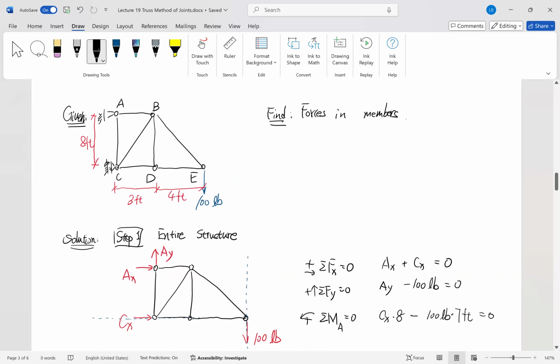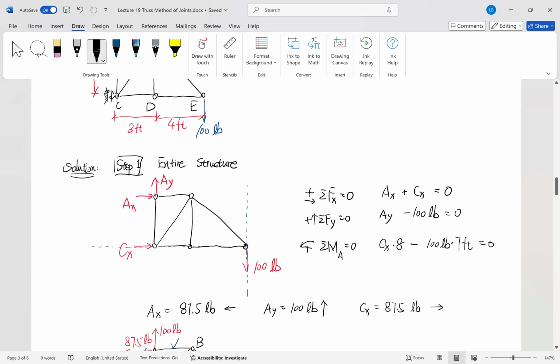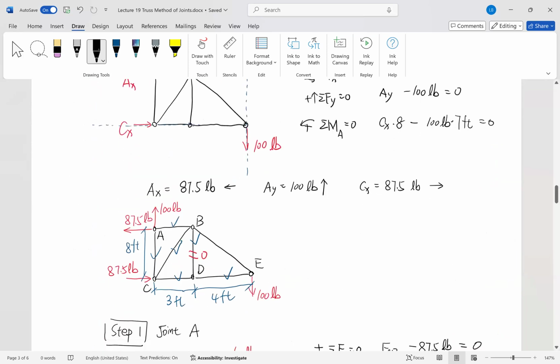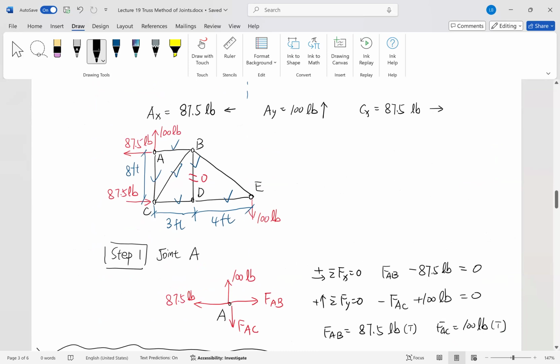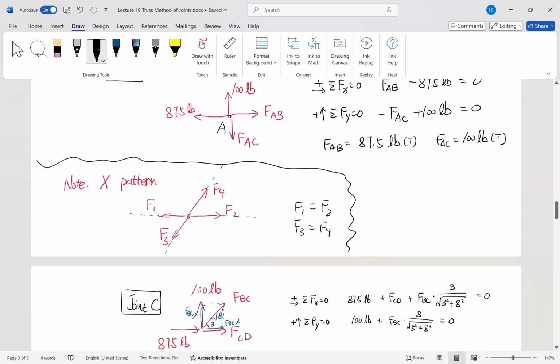When you have a truss structure, the method of joints is the method where, after you solve the unknown support forces, you repeat the process of particle equilibrium for each joint, solving the structure joint by joint, and eventually you will have all the member forces here.